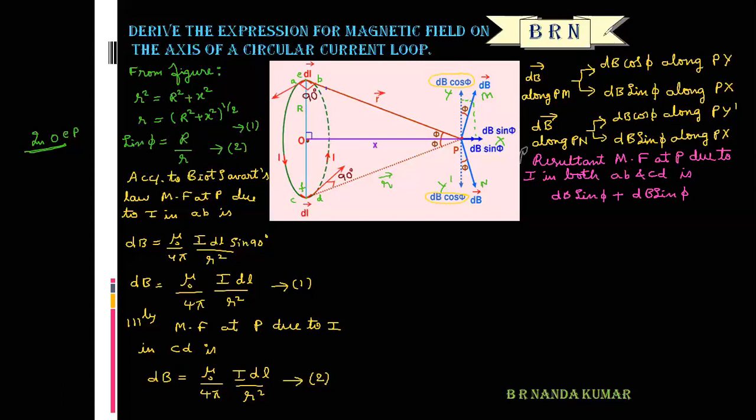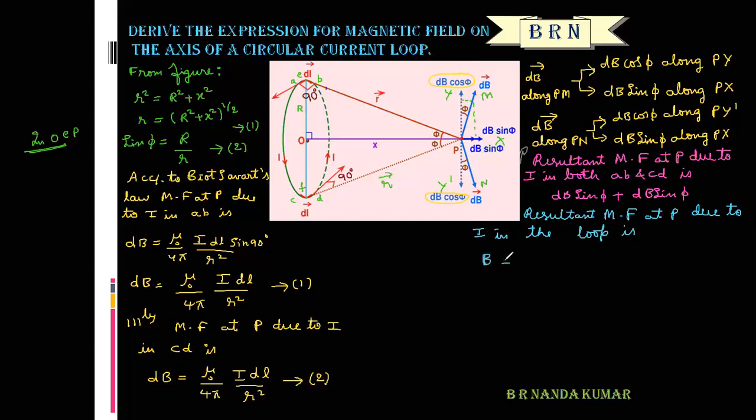But actually, we want the resultant magnetic field at point P due to the current in the entire loop. So what we have to do is just integrate.